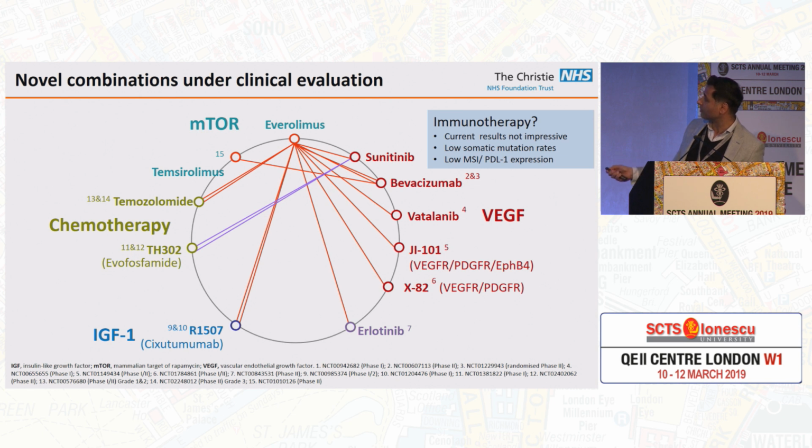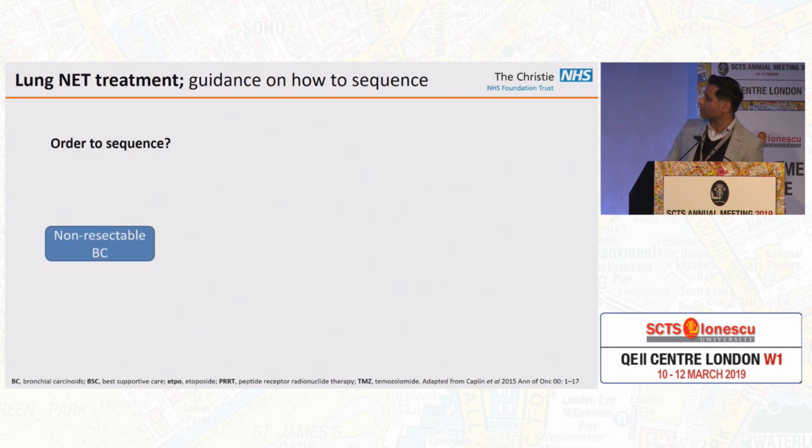The reason for that is that the results have not been impressive, but actually there is a biological reason. These cancers have low somatic mutation rates, so they don't express antigens very well, and of course they have very low MSI, microsatellite instability, and PD-L1 expression, which is something that you require as a biomarker to make immunotherapy work.